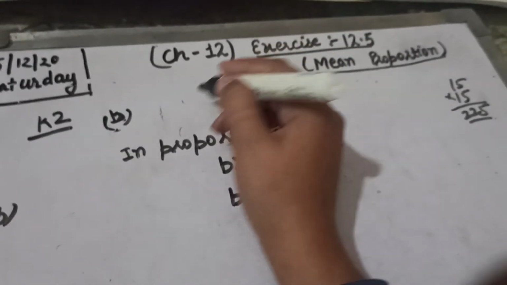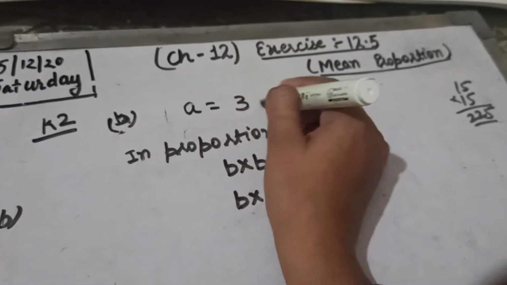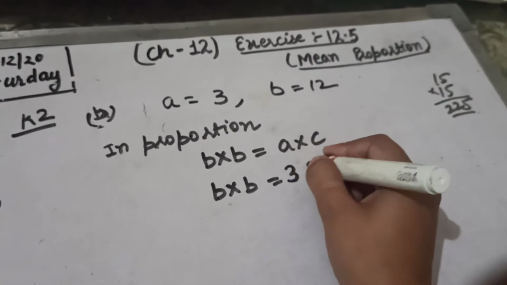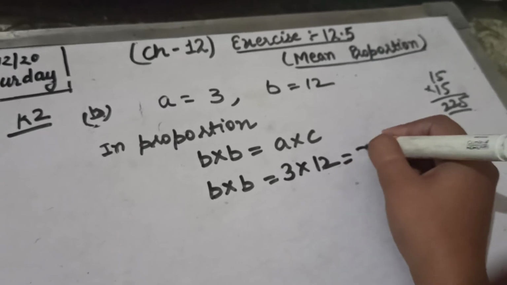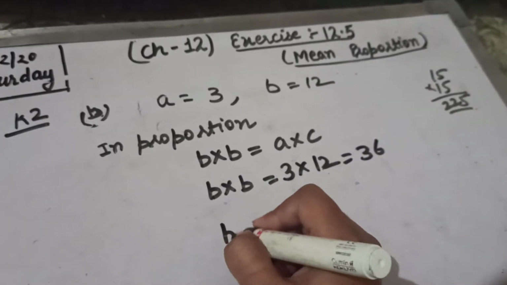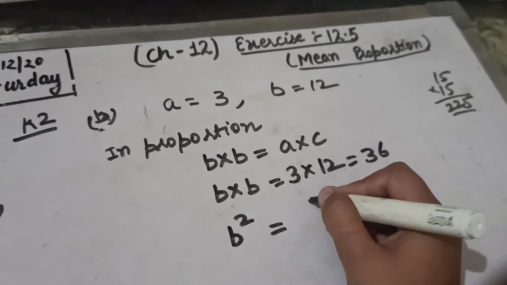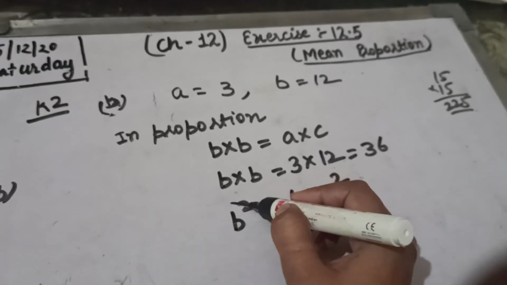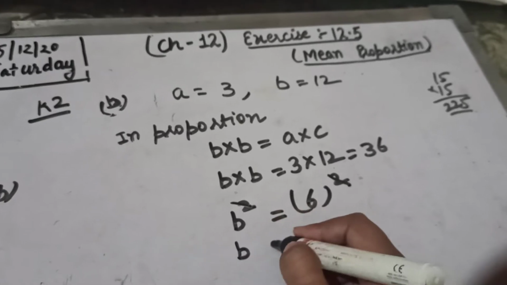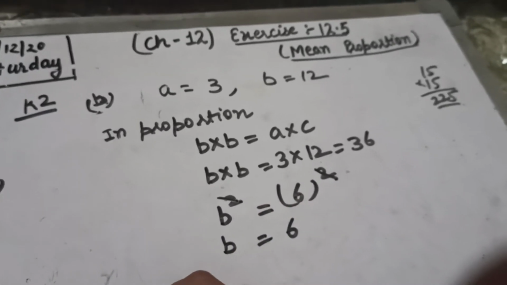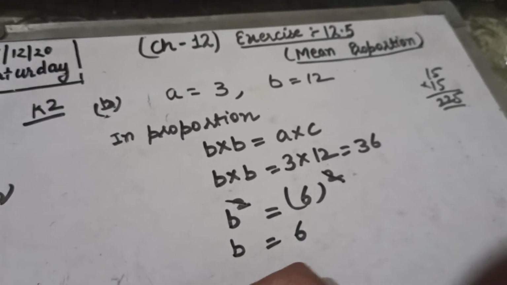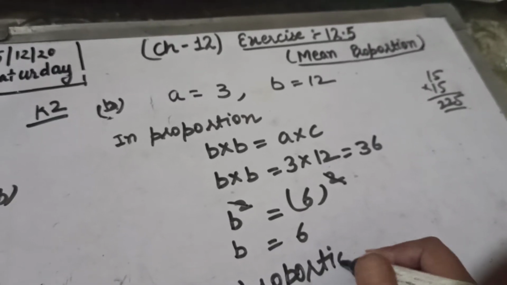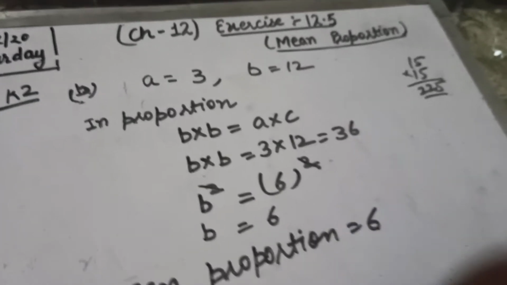You will write like this: A equals to 3 and C equals to 12. 3 multiplied 12, that is 36. B square 36, 6 6s are 36, right? Square cut by square, b equals to 6. So mean proportion equals to 6. Clear this one?